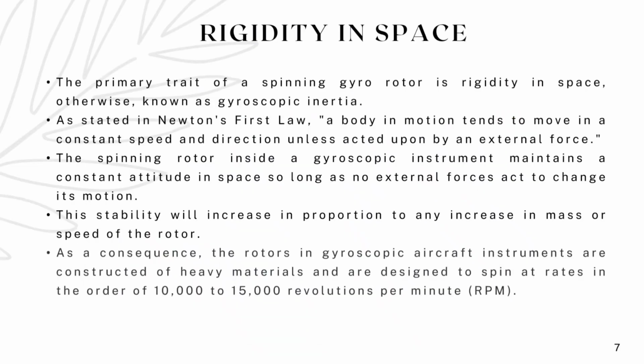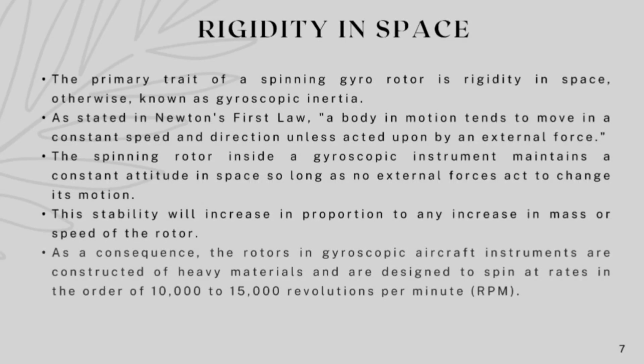Rigidity in space. The primary trait of the spinning gyro rotor is rigidity in space, otherwise known as gyroscopic inertia. As stated in Newton's first law, a body in motion tends to move at a constant speed and direction unless acted upon by an external force. The spinning rotor inside the gyroscopic instrument maintains a constant attitude in space so long as no external force acts to change its motion.